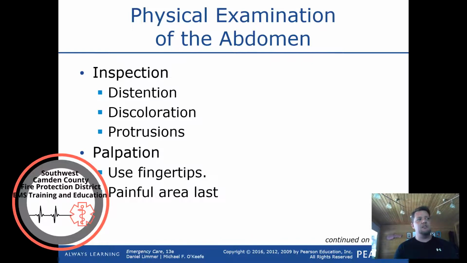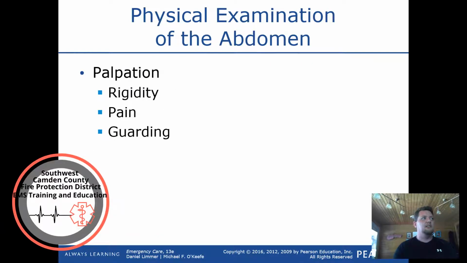For palpation, we want to use the fingertips, and we want to go to the painful area last, because if we push on the painful area first, that pain is there and you can't really tell where the pain is the rest of the way. When we do palpation, we're looking for any enlarged organs, rigidity, pain, guarding, anything like that.